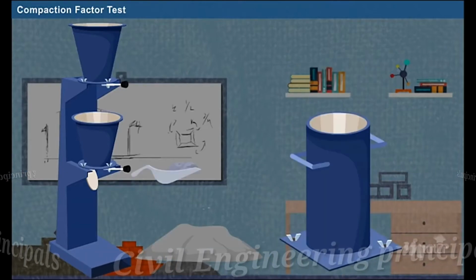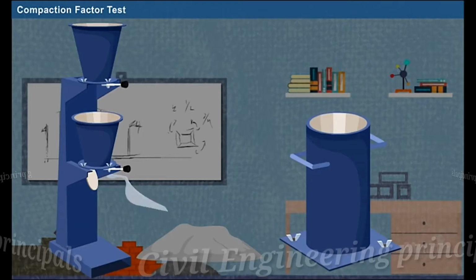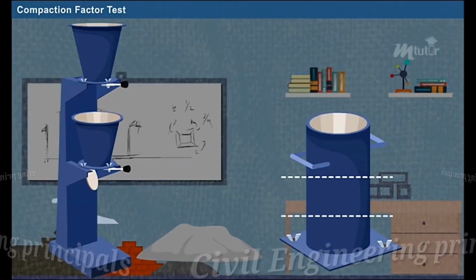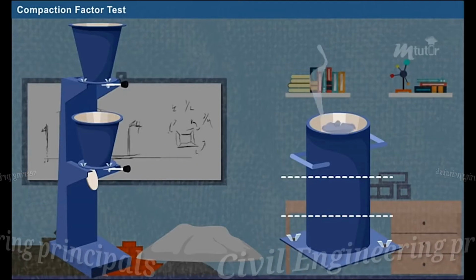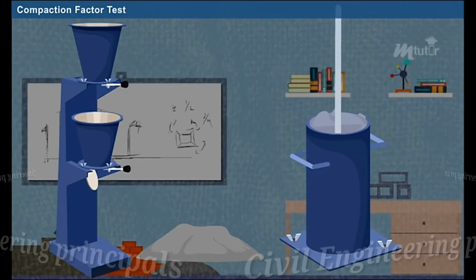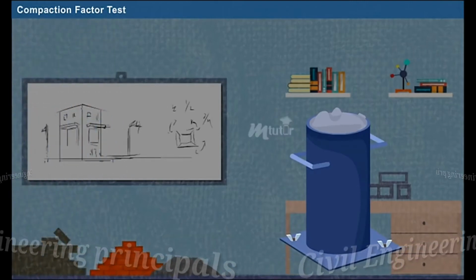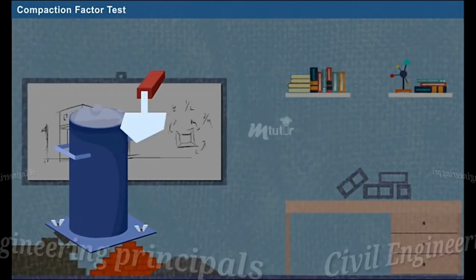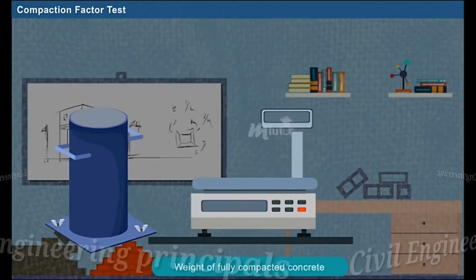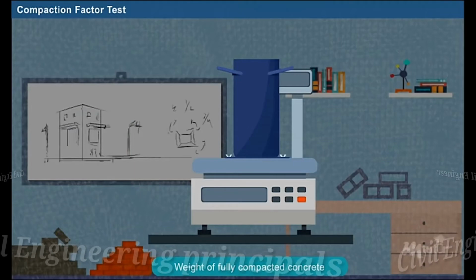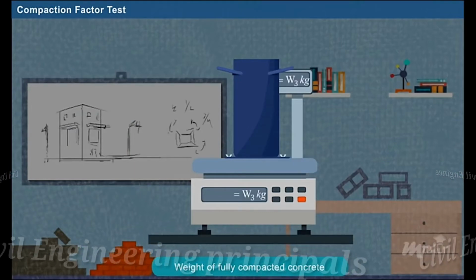Then the cylinder is emptied and the concrete sample is filled again in 3 layers. Each layer is compacted by giving 25 blows using the tamping rod. Now, the concrete inside the cylinder is fully compacted. The weight of the cylinder with fully compacted concrete is taken as W3 kilograms.